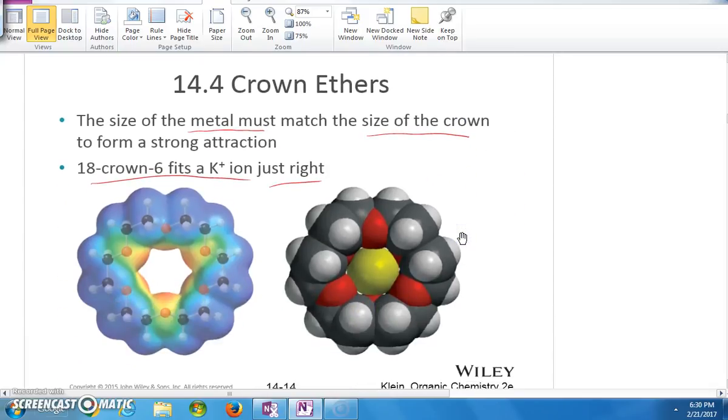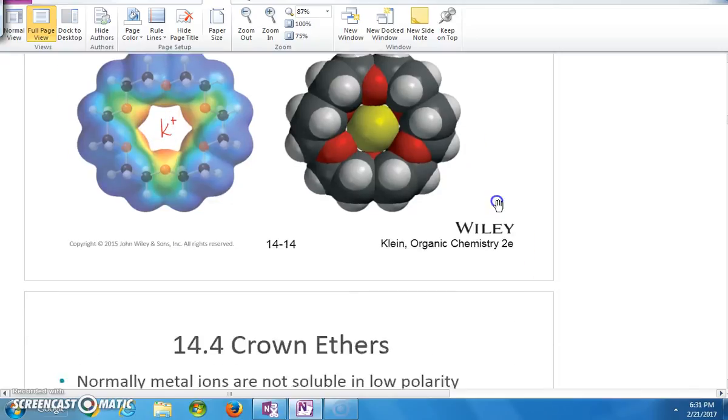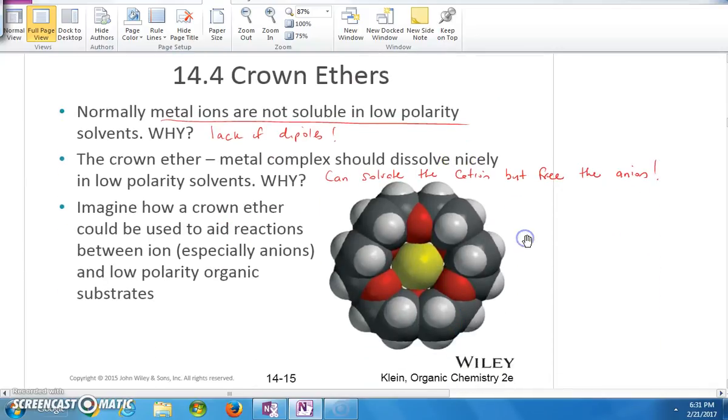Now the size of the metal must match the size of the crown. As you can see, 18-crown-6 is what you use for potassium. So the potassium metal is going to be sitting right in the middle there, and it can be trapped. Now, the advantage of using a crown ether is the fact that it's able to free the anion because it traps the cation. You see? And so normally metal ions are not soluble in low polarity solvents because they lack dipoles.